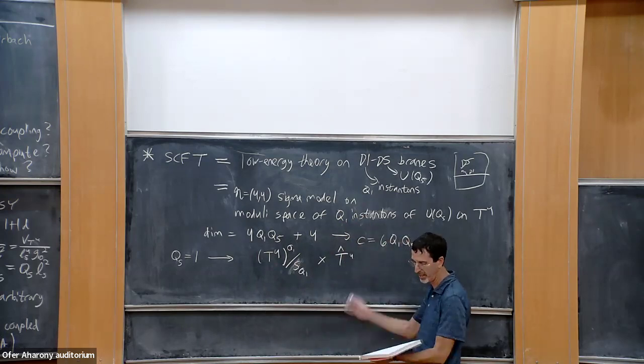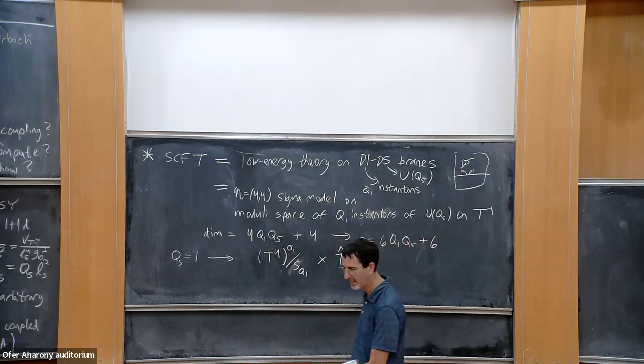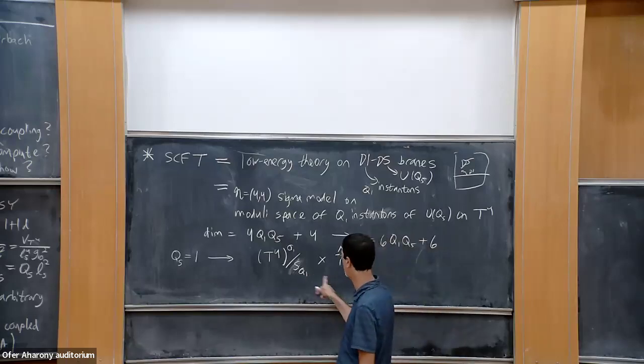Well, for general Q5, it is a very complicated space that has some singularities. Now, just from this description of the metric, it's not obvious what happens at the fixed points of this symmetric orbifold.